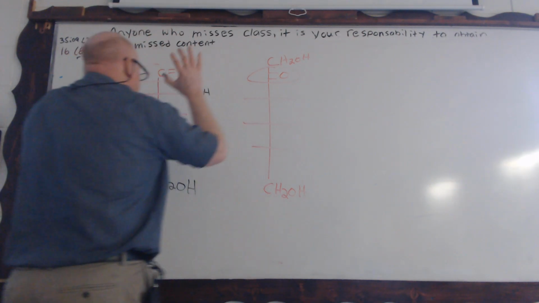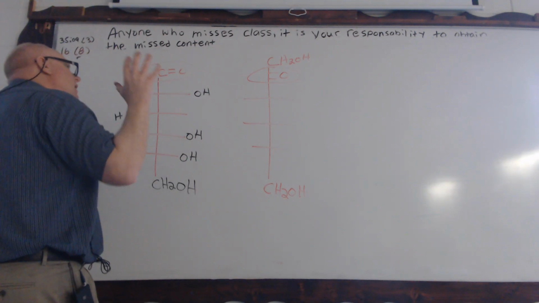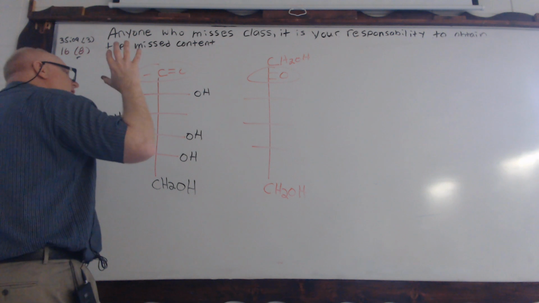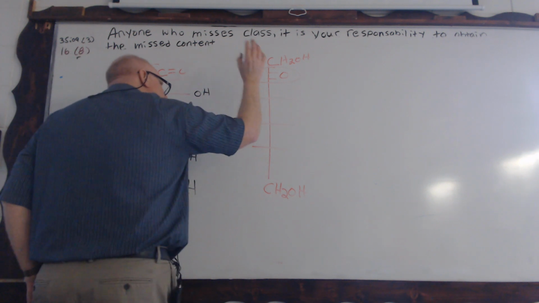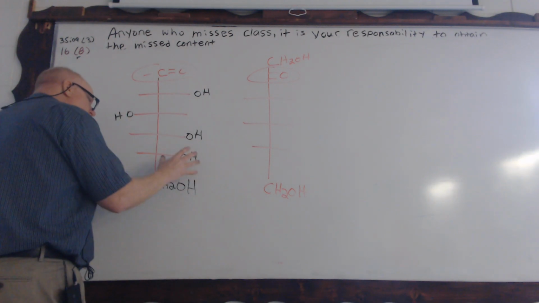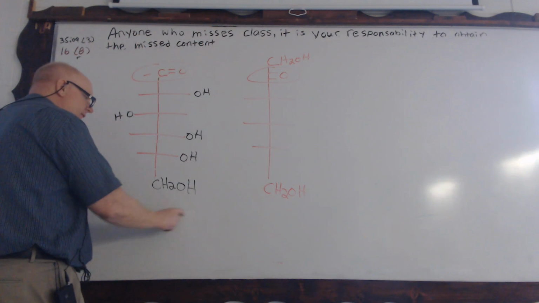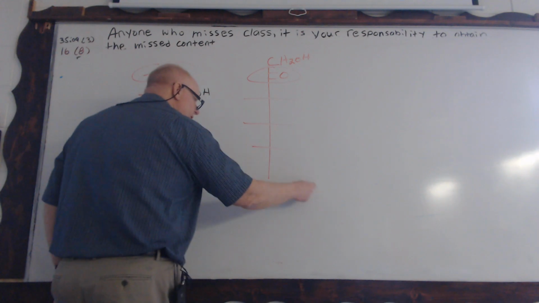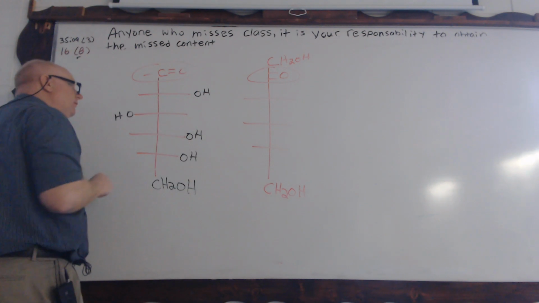Ketose, aldose sugar. Major difference. Is there anything else that you can see that is different between these two besides where the double bonded oxygen is? What is way down at the bottom of this compound? What do we see here? CH2OH. And what do we see here? CH2OH. So what do we see on carbon 1 then?